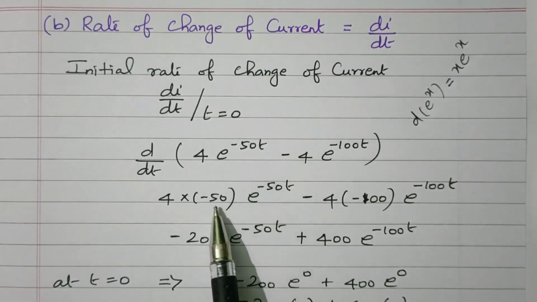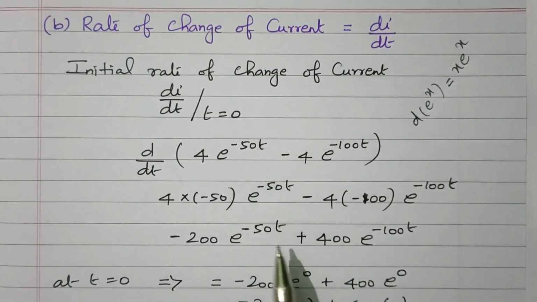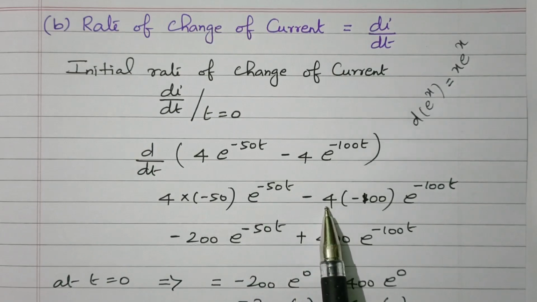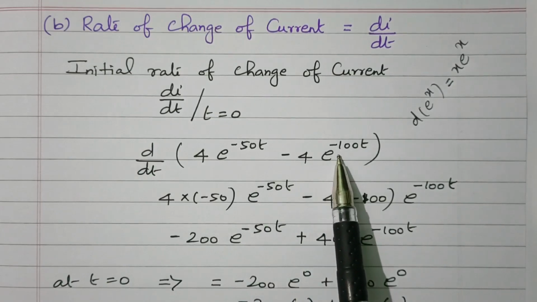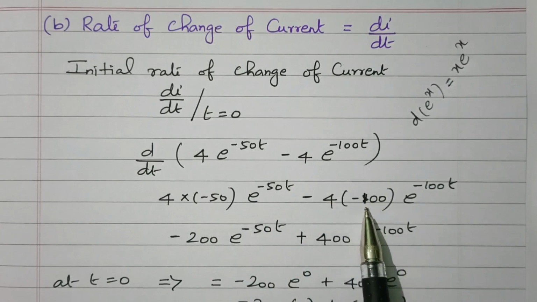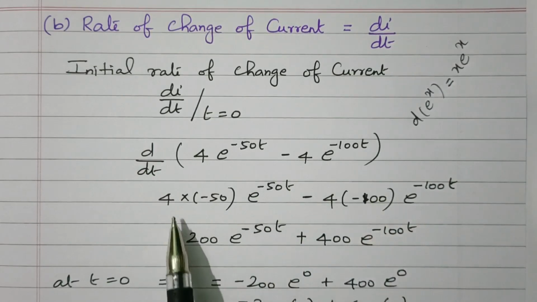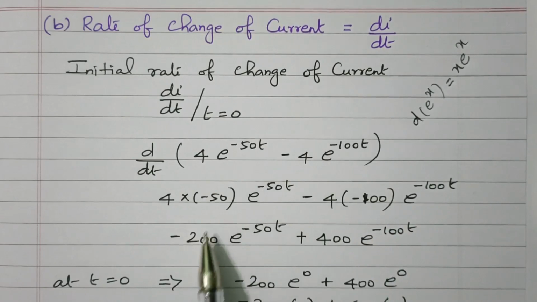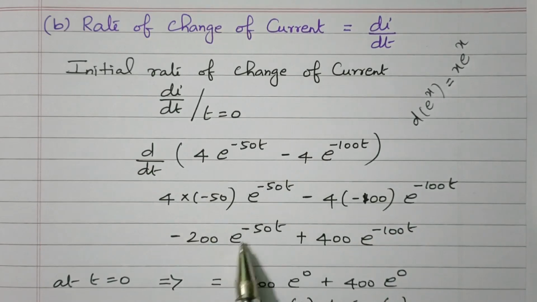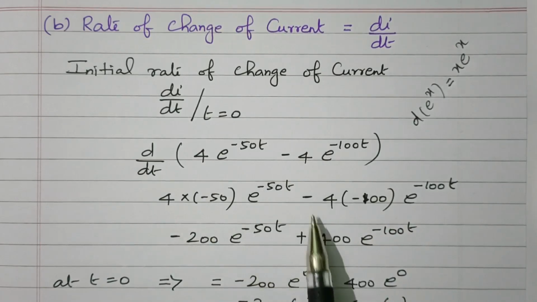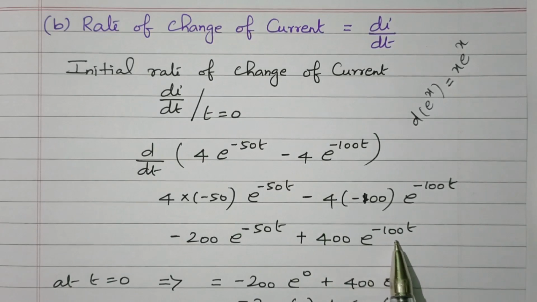So minus 50 into e power minus 50t. Minus 4 is constant, and the differentiation of e power minus 100t is minus 100 into e power minus 100t. So 4 into minus 50 is minus 200 e power minus 50t. Here minus, and there is also a minus, so we get plus 4 into 100, 400 e power minus 100t.